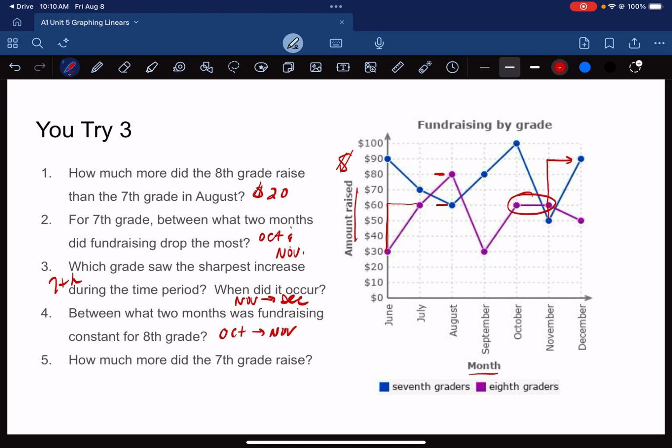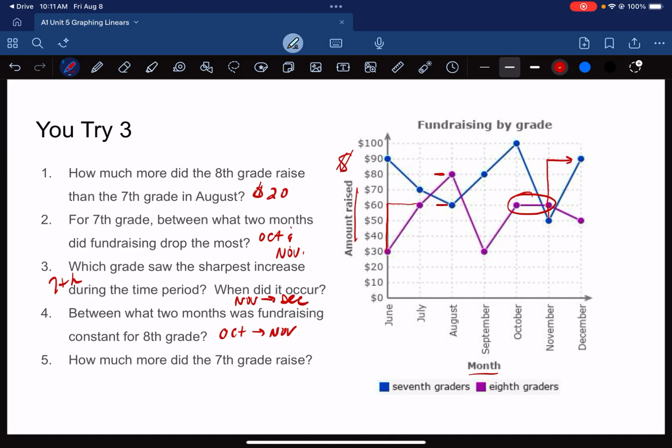Okay. How much more did the 7th grade raise? Oh, wow. Well, let's see. How much did the 7th grade raise? So we're just going to add these values together and see. So let's go 90 plus 70 plus 60 plus 80 plus 100 plus 50 plus 90.